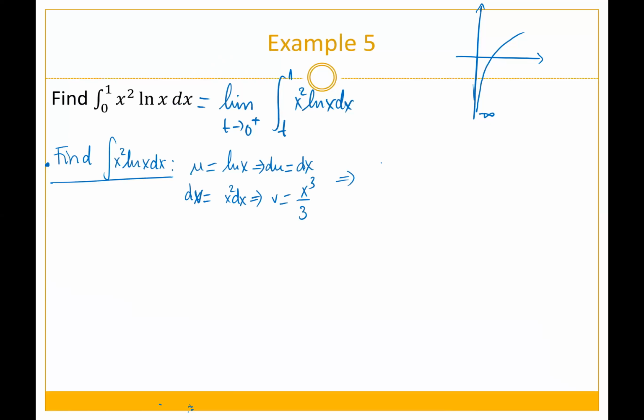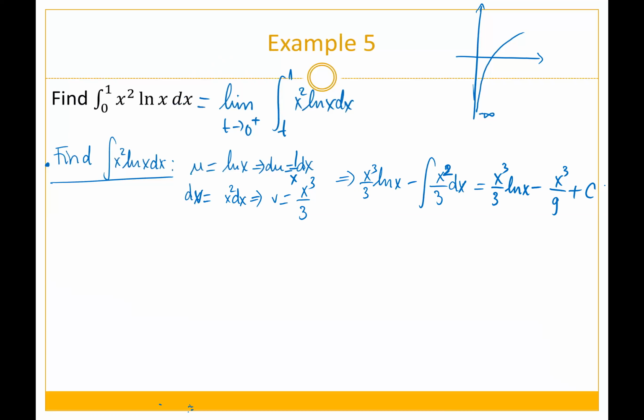So this is going to equal x cubed over 3 ln of x minus the integral of x cubed over 3 times 1 over x dx, which is x squared over 3. So we have x cubed over 3 ln of x minus x cubed over 9 plus c.